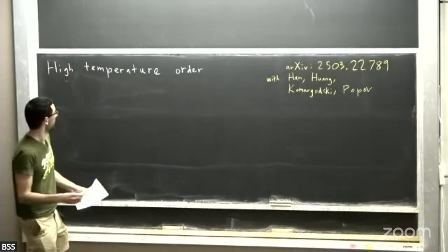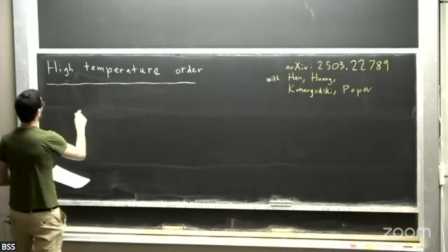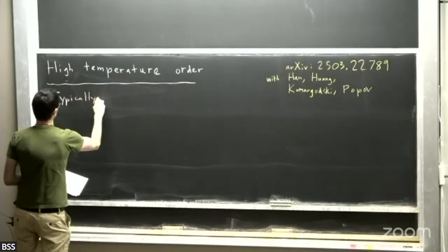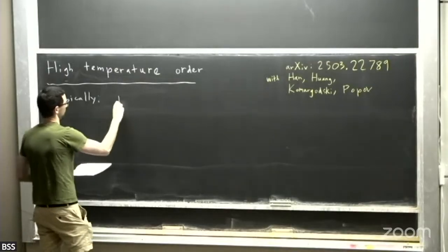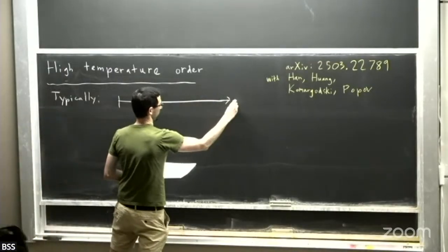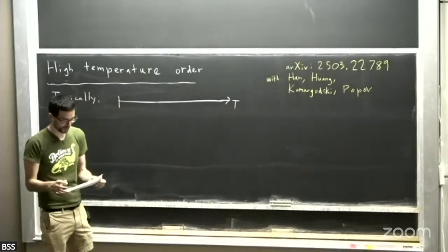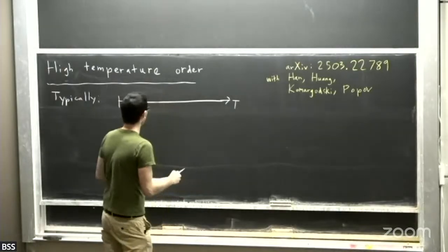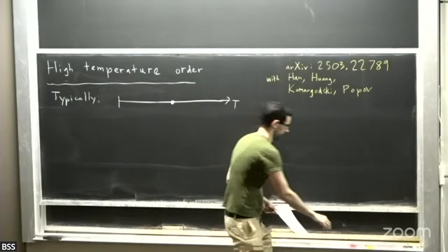So, to get started, typically in statistical physics, we expect that if we have a phase diagram, which here I will just take to be one-dimensional, where I can heat my system up, typically we find something that looks like this.